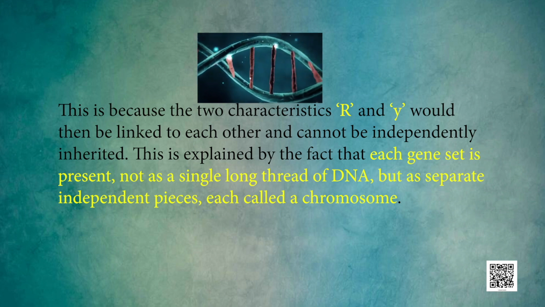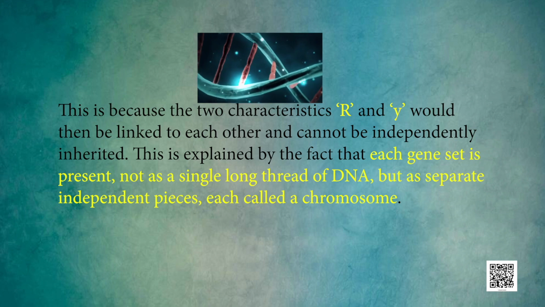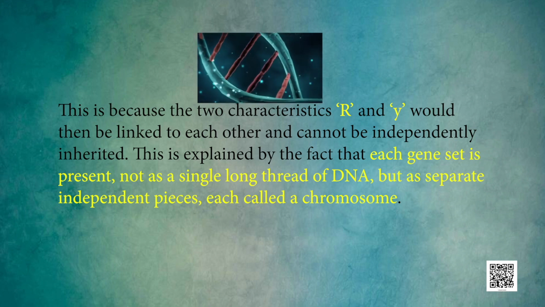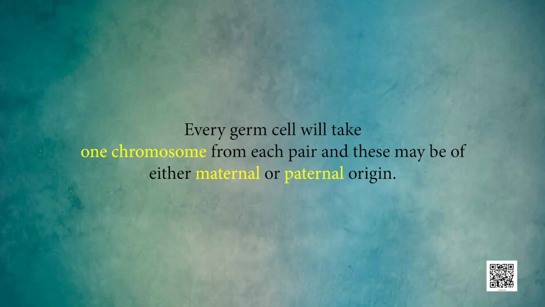This is explained by the fact that each gene set is present not as a single long thread of DNA, but as separate independent pieces, each called a chromosome. Thus, each cell will have two copies of each chromosome, one each from the male and female parents. Every germ cell will take one chromosome from each pair, and these may be of either maternal or paternal origin.